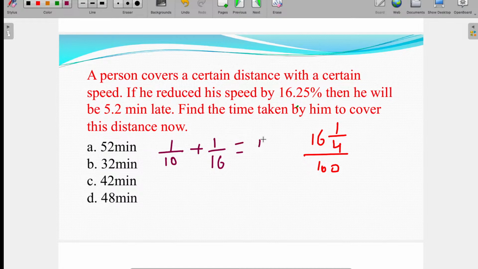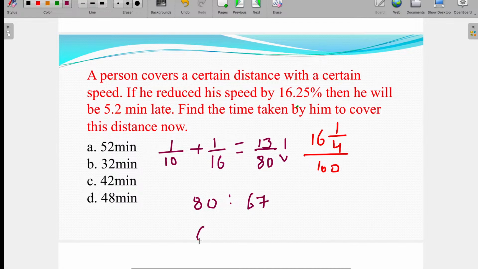13 by 80. Now he reduced it. Which means initially his speed is 80 km per hour. Now he has reduced 13 km per hour, which means now he is going at which speed? 67 km per hour.